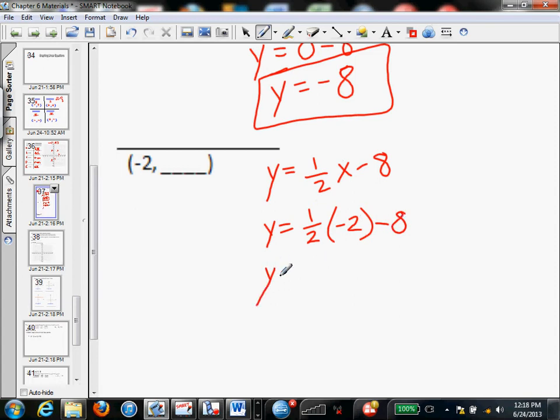And let's go through and simplify. 1/2 times negative 2 is going to yield negative 1 minus 8. And finally, negative 1 minus 8 just yields y equaling negative 9.